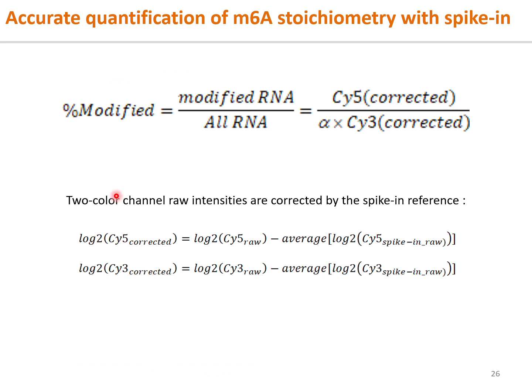The percentage of modification is calculated by this simple formula: the modified amount divided by all RNA amount, obtained from the intensities in the two color channels that are corrected by the spiking references. You do not need to perform these calculations by yourselves. They are computed internally in the data analysis pipeline.